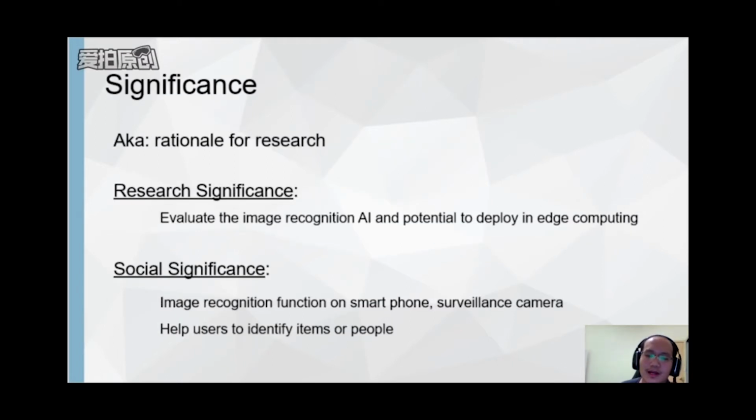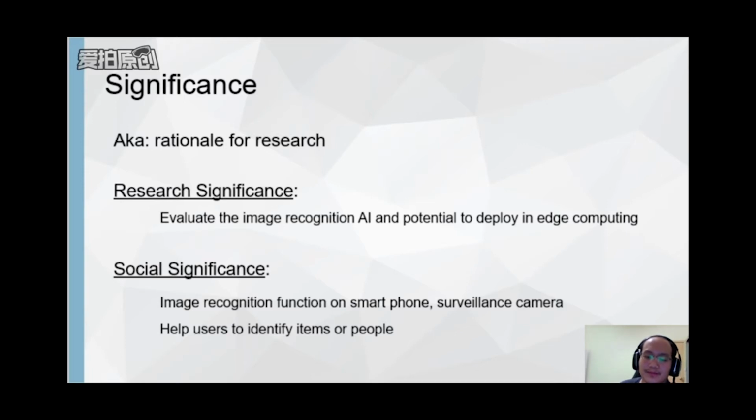Coming to why we conduct this research, we need to identify the rationale for the research. There are two types of significance. The first one is the research, or technical, aspect.